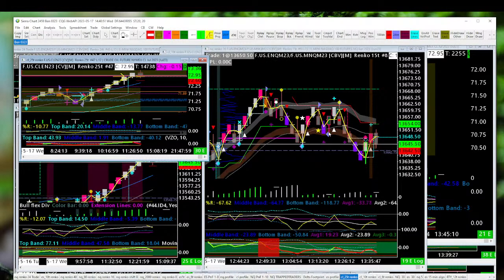And so the midpoint of that channel, which is the gray line here, is all I really need. But the shaded areas act in the same way as the blue Keltner channels. They're just a little bit more responsive, because it's based on a Fibonacci retracement rather than a standard deviation.